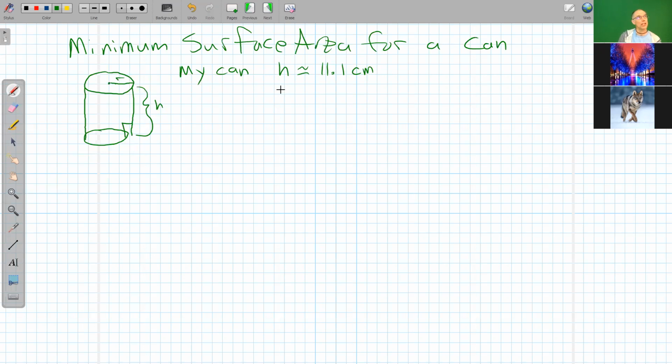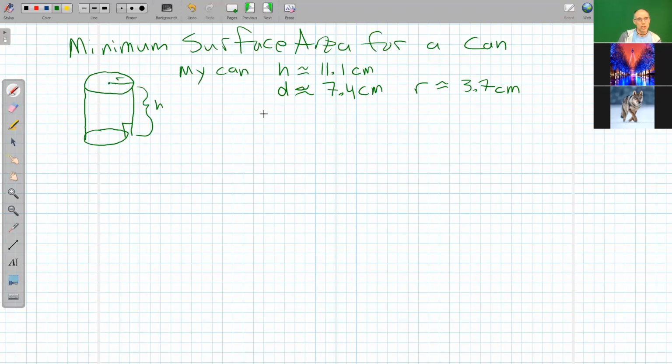And I thought the diameter was about, say, 7.4 centimeters. So that means the radius would be half of that, so that would be about 3.7 centimeters. And I'm wondering, do these dimensions use the least amount of metal to make the can?